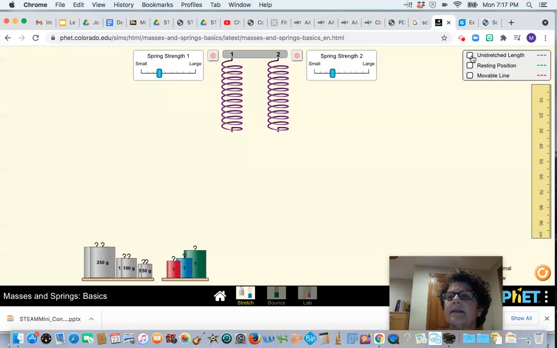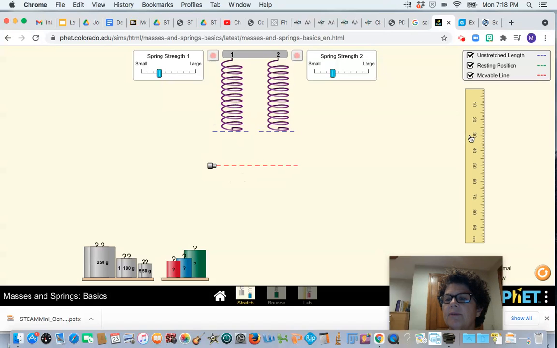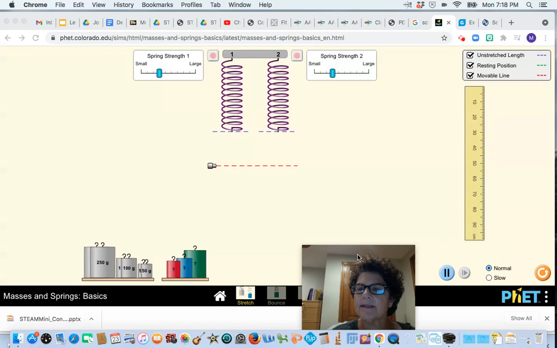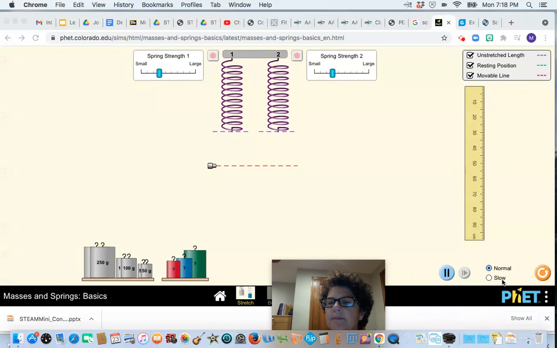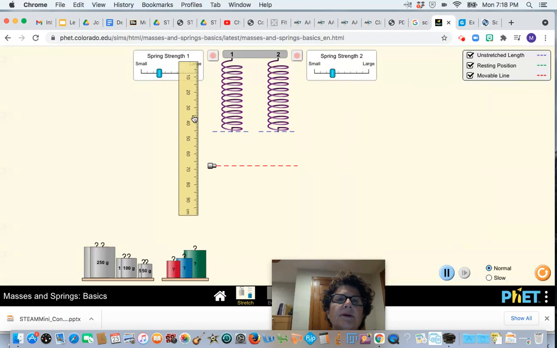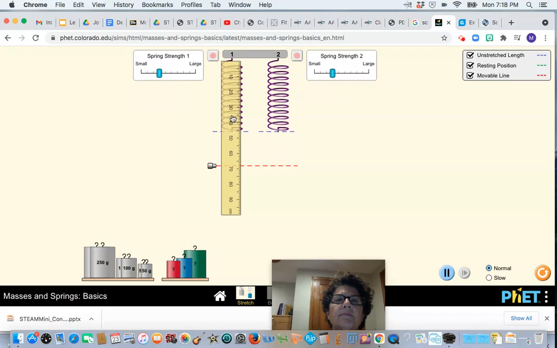I guess I can click on these things and they'll give me some more. I can move this line. And look, I have a ruler over here. I can change the speed, normal or slow. And I have a centimeter ruler here, so I guess I can make some measurements.